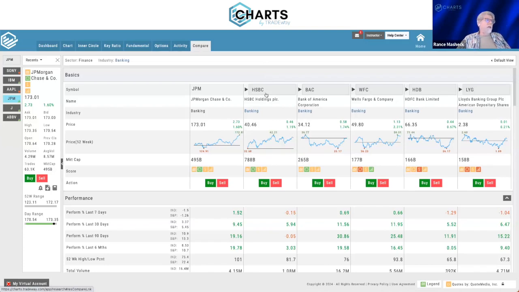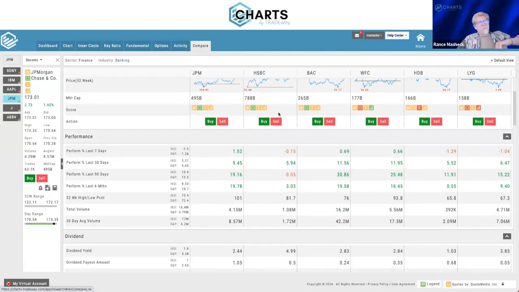In the case of HSBC, their 52-week low, which was 32.68, was literally this time last year. They haven't been there since. And their 52-week high was right here at 42.21. In the case of Bank of America, they're basically where they were a year ago. That line, by the way, is where they were a year ago. So you can see that it's gone up, or in Bank of America's case, flat. So you get that little context.